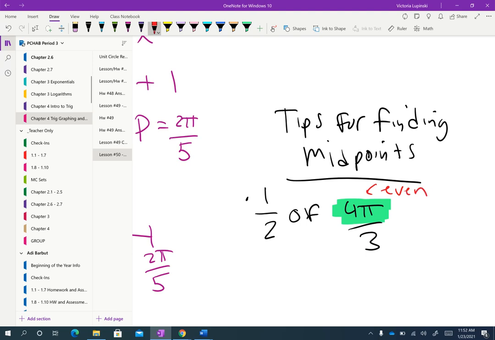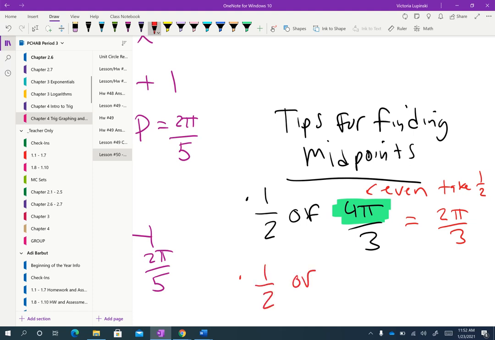If you're taking half of something that is even, you're literally going to take half of the numerator. So half of 4 pi over 3, half of 4 pi is 2 pi, and then still over 3. So if you're being asked to take the midpoint of something with an even numerator, you're going to take half of the numerator and leave the denominator alone.